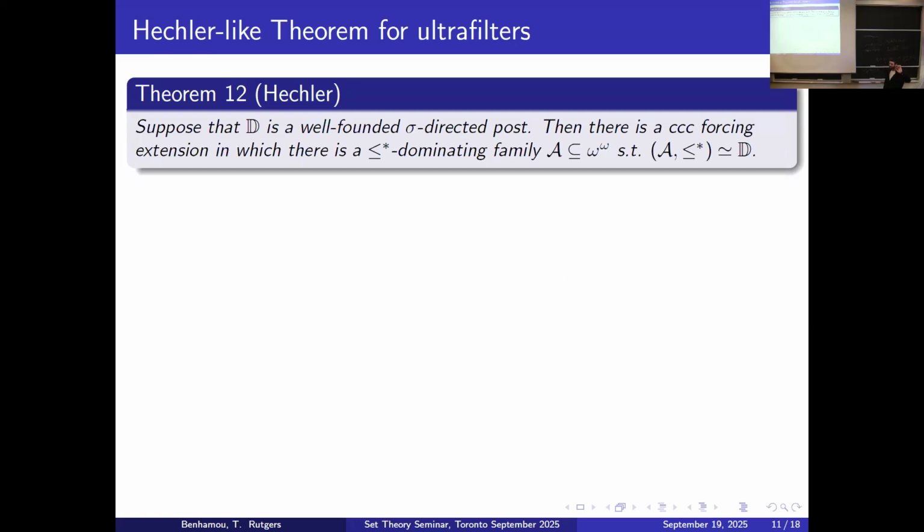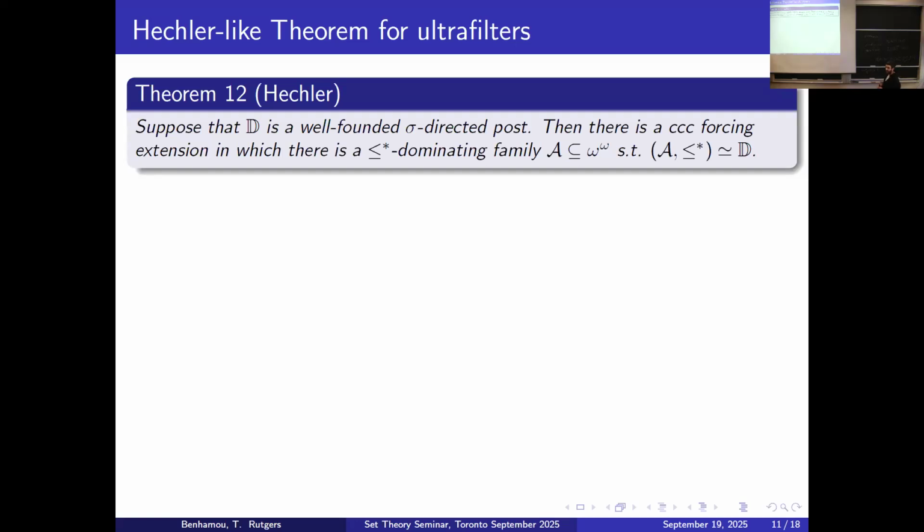I'm almost positive he also has a proof where you don't assume well-foundedness, but I didn't find it. So this is the way I know this theorem. Then there is a CCC forcing extension where you can find a dominating family in omega to the omega, which is order isomorphic to D.